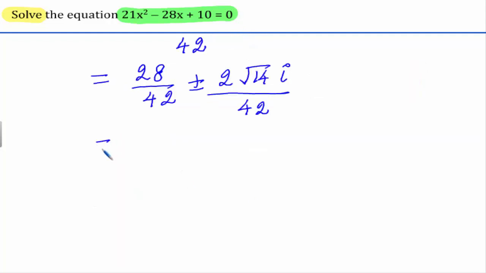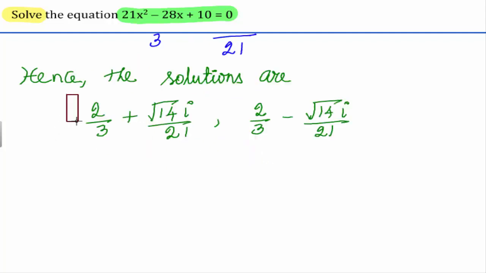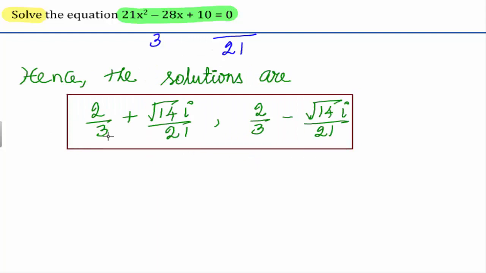Upon simplification, we get 2 upon 3 plus or minus root 14i divided by 21. Hence, the required solutions are 2 upon 3 plus root 14i upon 21 and 2 upon 3 minus root 14i upon 21. This completes the solution.